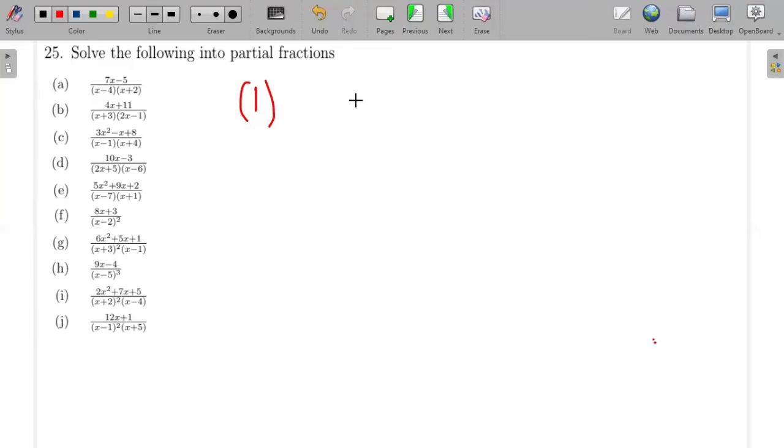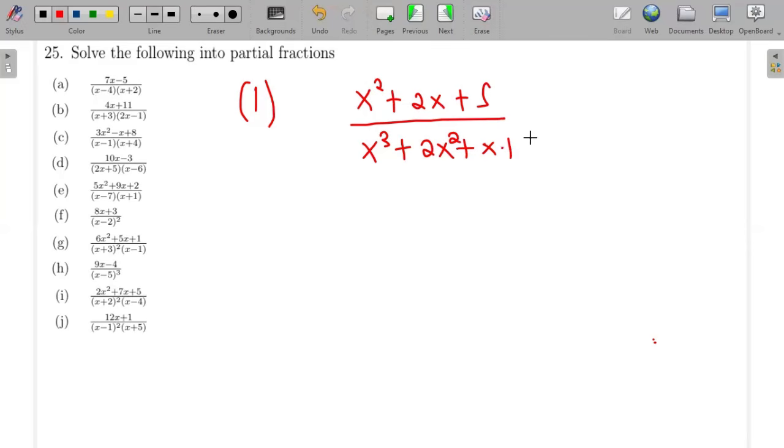So let's say, for example, I have x squared plus 2x plus 5, and I'm dividing this by, let's say, x to the power 3 plus 2x squared plus x plus 1.